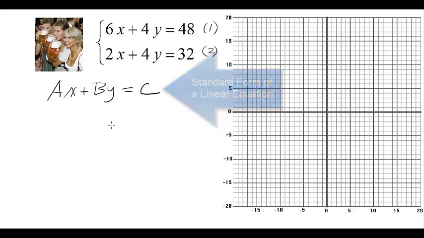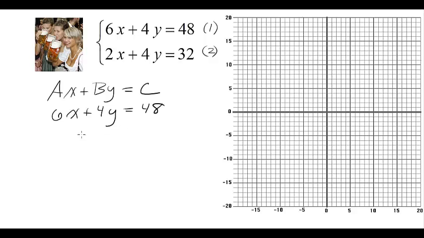So let's look at equation number 1 and compare it to our standard form. 6x plus 4y equals 48. And right away it becomes evident that a equals 6, b equals 4, c equals 48.